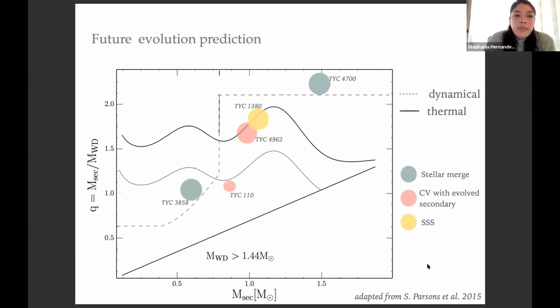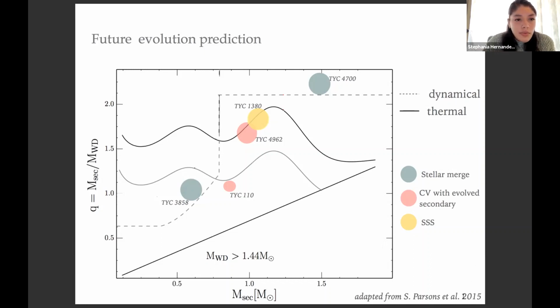This is the diagram that shows the dynamical and thermal stability limits of the mass transfer in terms of the secondary star and the mass ratio, where the binary is stable if it is under the corresponding line.